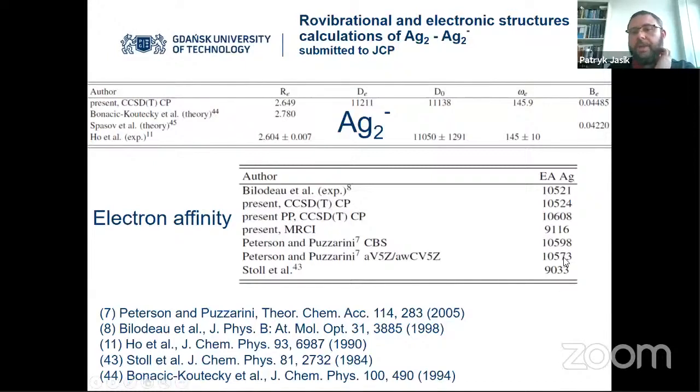Here is also the electron affinity of the silver atom, because it was one of our aims to reproduce this value. So we are very close to the experimental result.